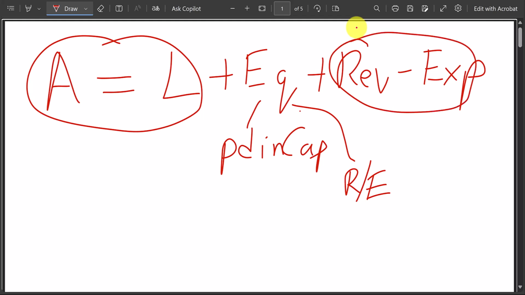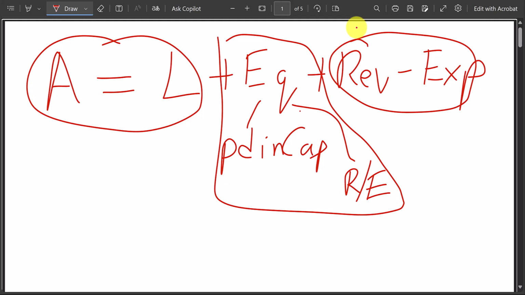What's different about different types of business entities is this equity section. Here you can see the different types of accounts for a corporation, paid in capital and retained earnings. But if you're dealing with a partnership or a sole proprietorship, a one owner, unincorporated business, this equity section is going to be different.